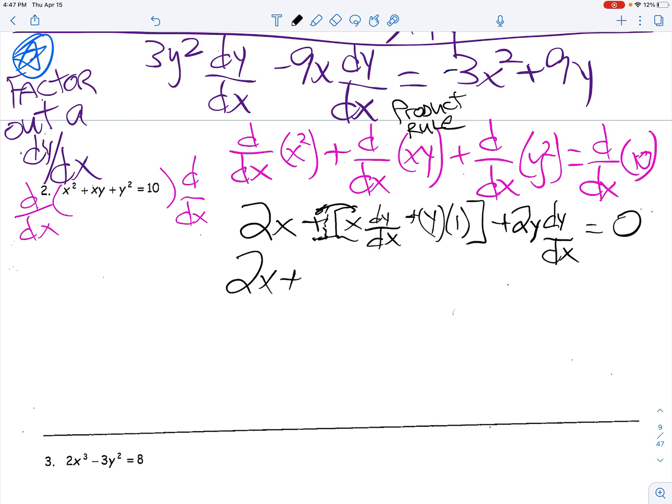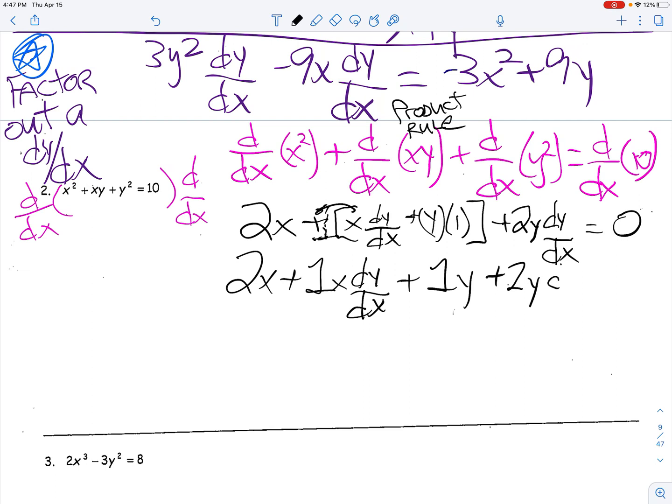All right, let's clean this up here. This is going to be 2x plus now, I guess technically this is like distributing a 1 in there, right? So like 1 times x dy dx. Now when I say x dy dx, it's x times dy dx.